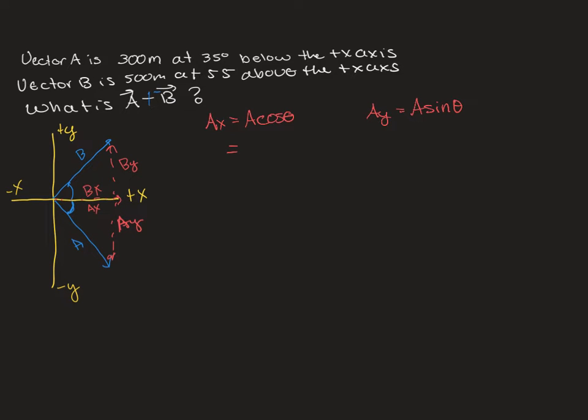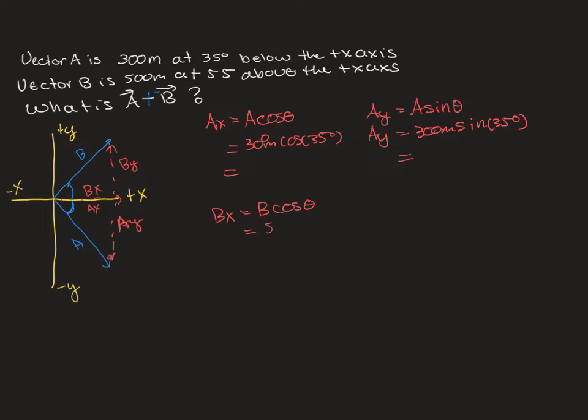All right, so we're going to do AX equals A cosine of theta, and AY equals A sine of theta. So we're going to take our 300 meters times the cosine of 35 degrees. Make sure I get my extra 0 in there. And my 300 meters times the sine of 35 degrees. I'll fill that in a second. Let's look at B. Once again, we're going to do B times the cosine of theta.